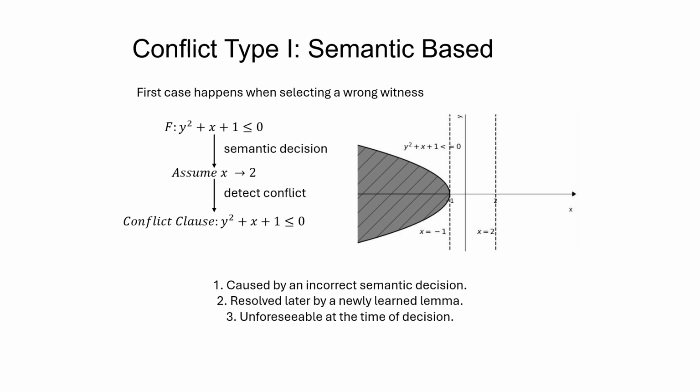And then we detect a conflict: the original clauses narrow the y feasible set to be empty, so we must change the value of x. This is caused by an incorrect semantic decision and could not be foreseen at the time of decision. It must be resolved later by a newly generated lemma.